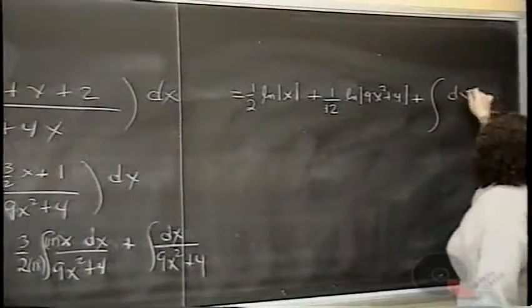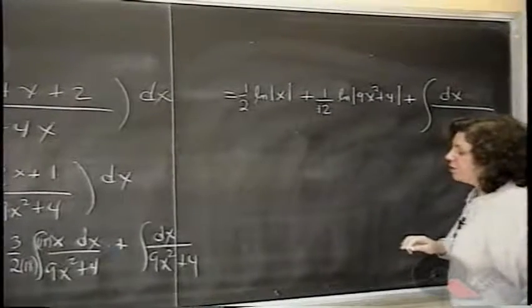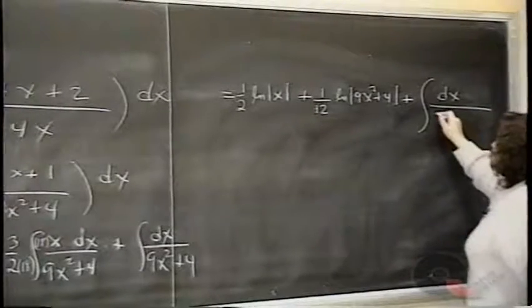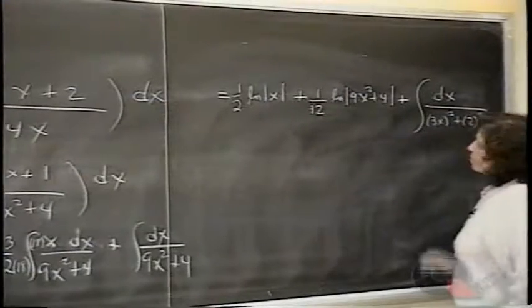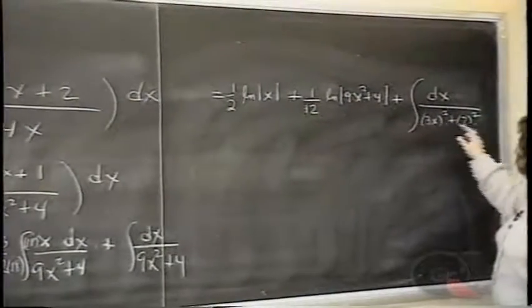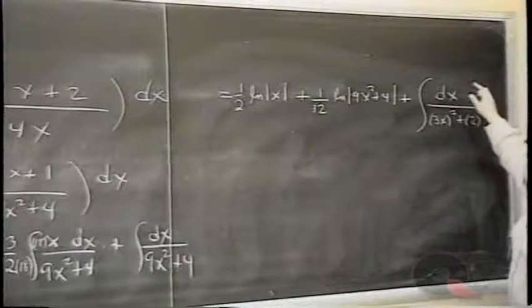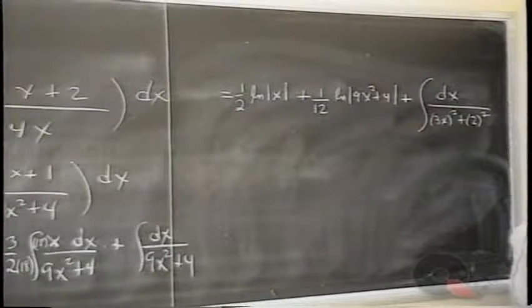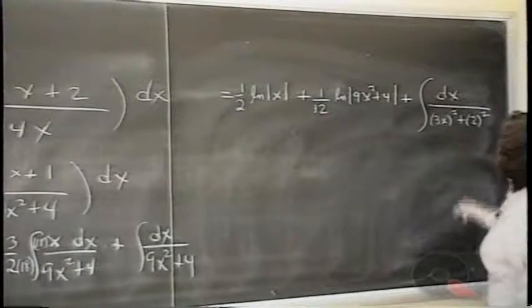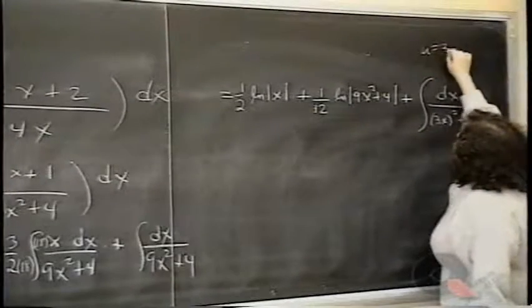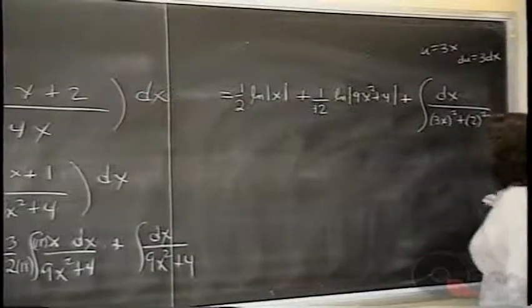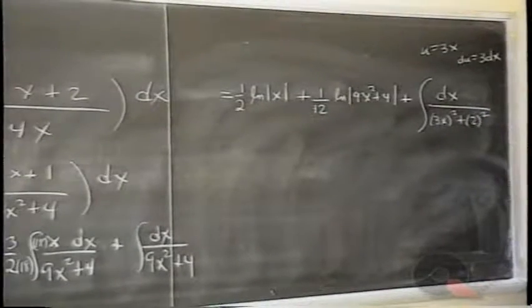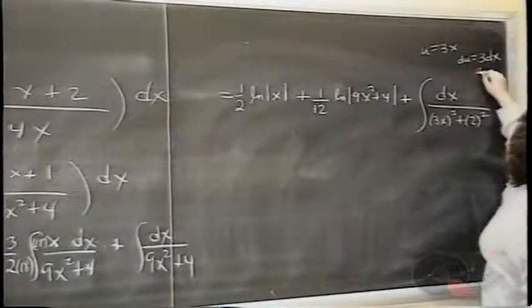Now that's almost in the form du over u squared plus a squared. If you rewrite this as 3x quantity squared plus 2 squared, 9x squared plus 4, this is almost du over u squared plus a squared. Okay, if u is equal to 3x, du is 3 dx. du/dx is 3, du is 3 dx. In this problem, of course, a is 2.